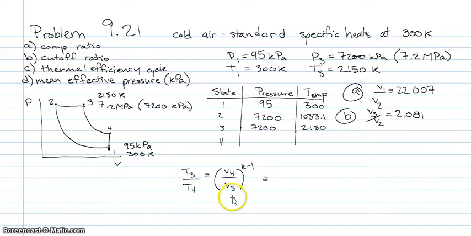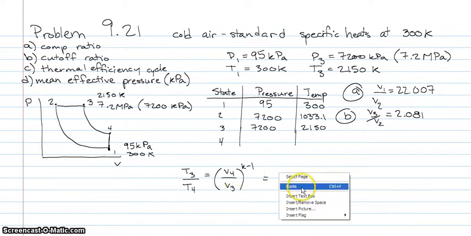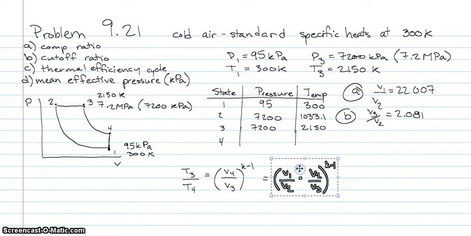So we've got this here, which is an equation out of our equation sheet again, and then we can modify it a little bit because we know that the ratio of the volumes at 4 and 3 is going to be relative to the compression and cutoff ratios, which we already saw, because it is a complete cycle, as we show here in the PV diagram.